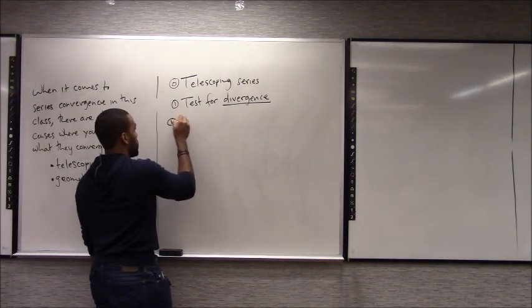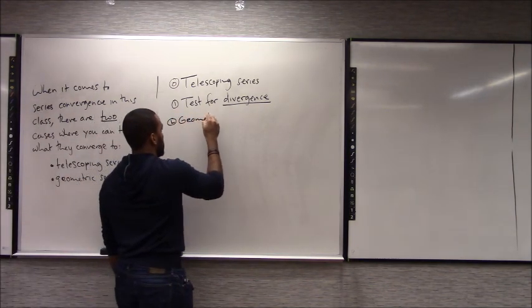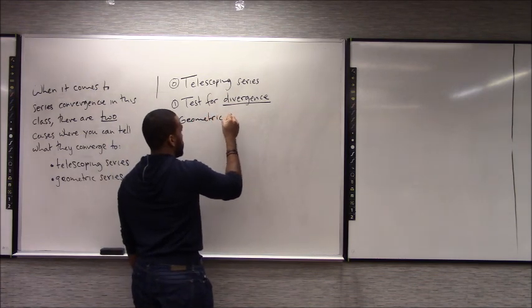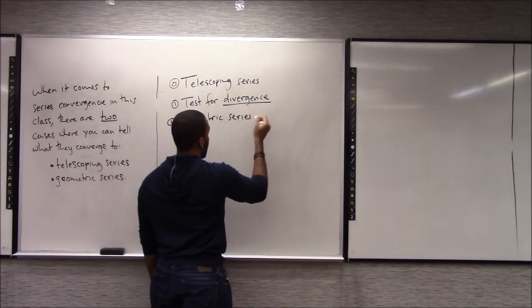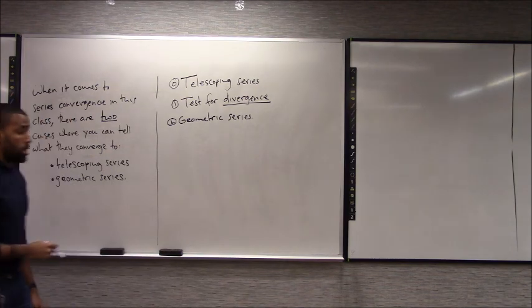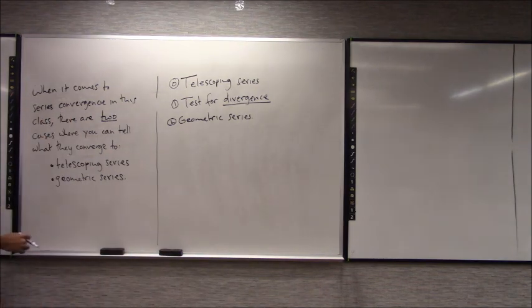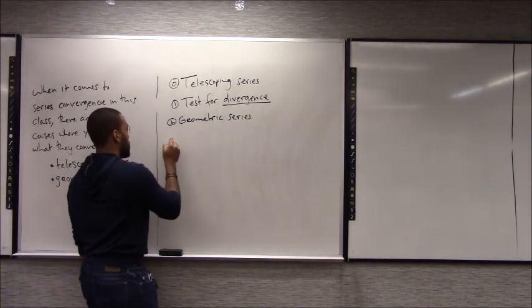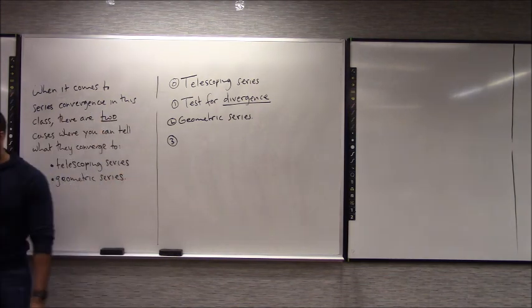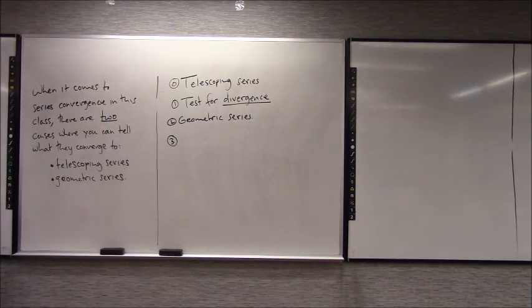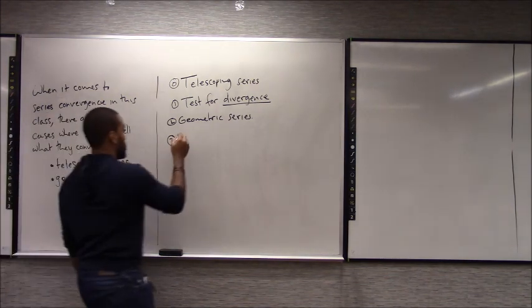And then we spoke about the geometric series. And we know that that converges to a over 1 minus r, as long as your r is less than 1 in absolute value. So the third thing I wanted to talk about, I believe, is the integral test.